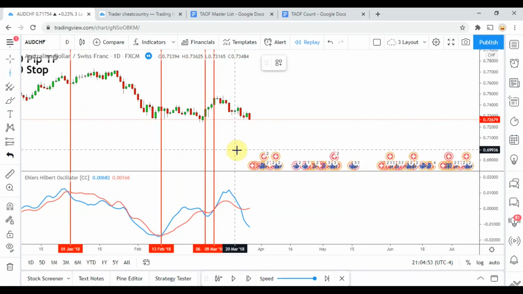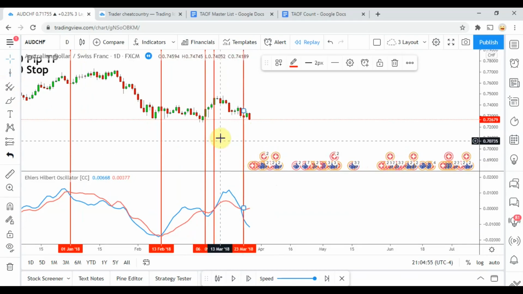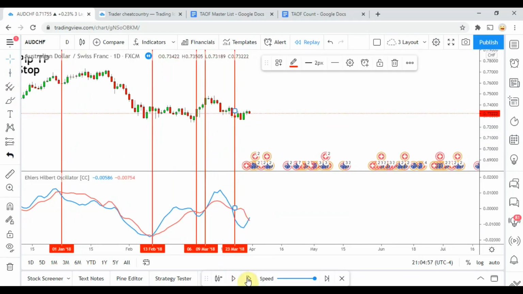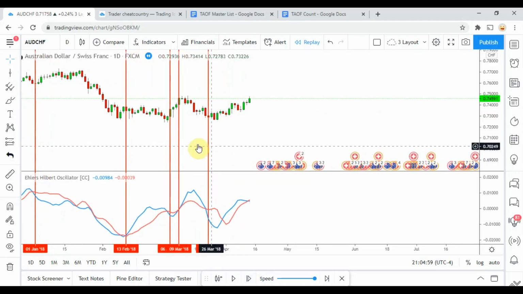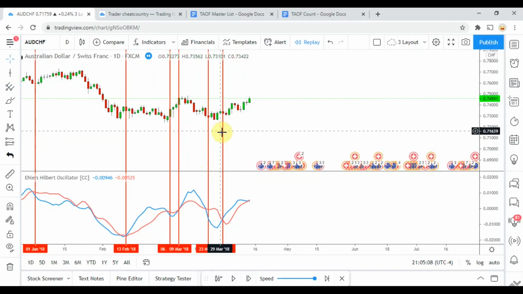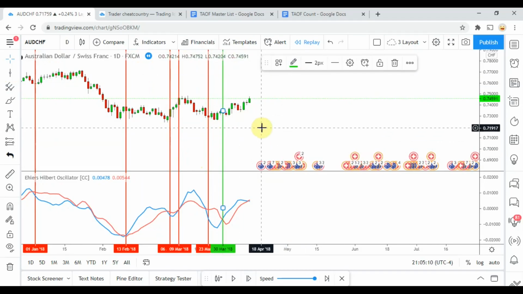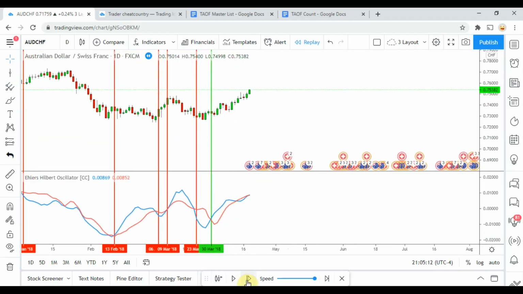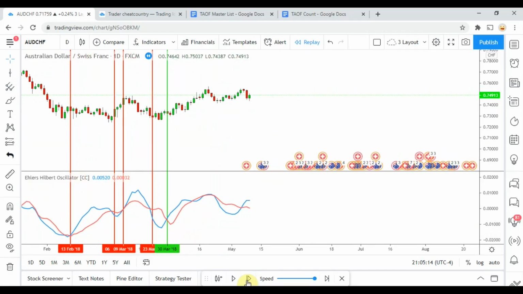So far we're not doing too great. All right, pick up a short right there, and wow, once again it flips on us, giving us a long right there, and finally we're able to get to take profit.